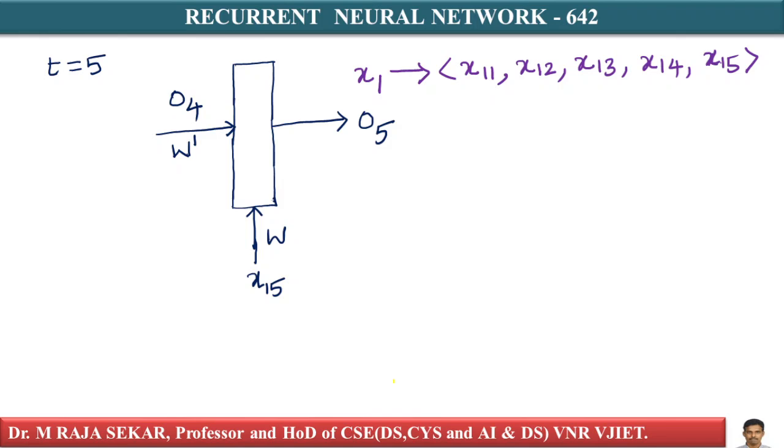Therefore, we are repeating this till t equal to 5. I reach my 5th word. Let's assume I am at the 5th word. The structure is like this. What is my O5? O5 equal to f of w of x15 plus w dash of O4.